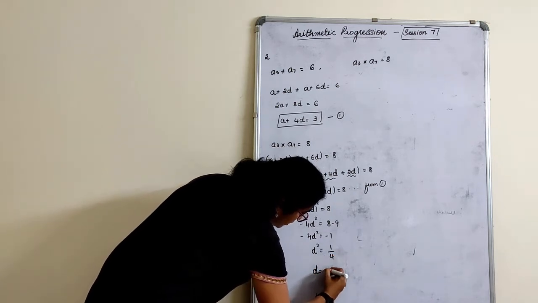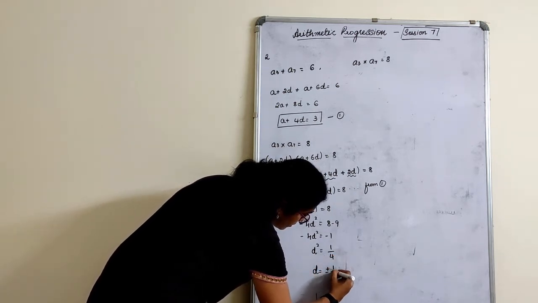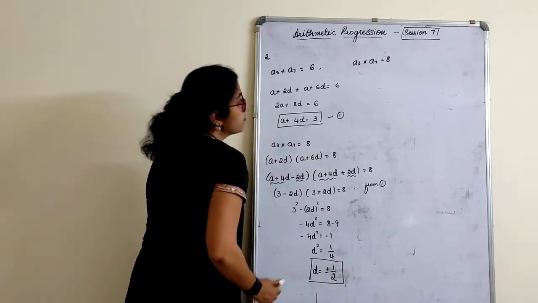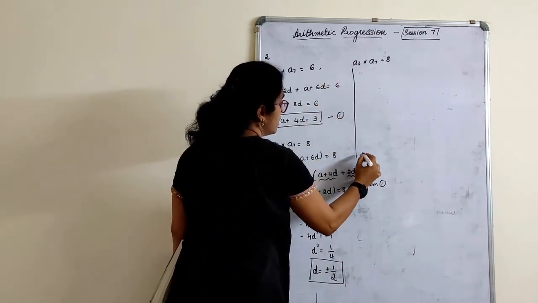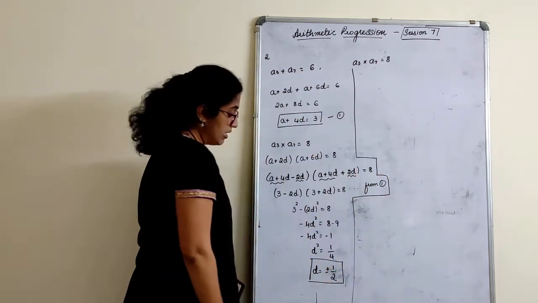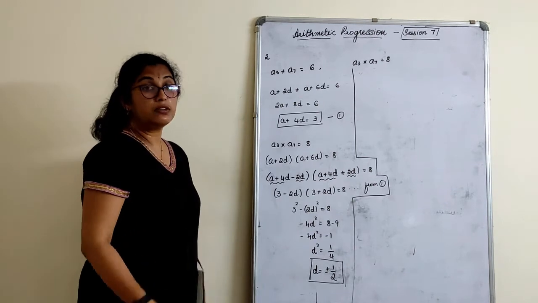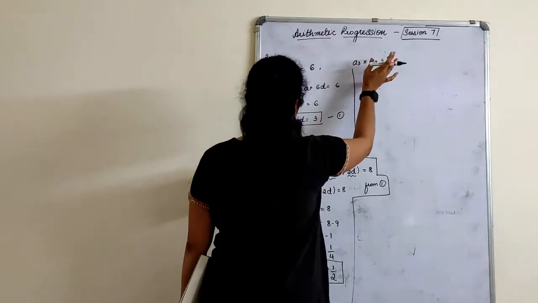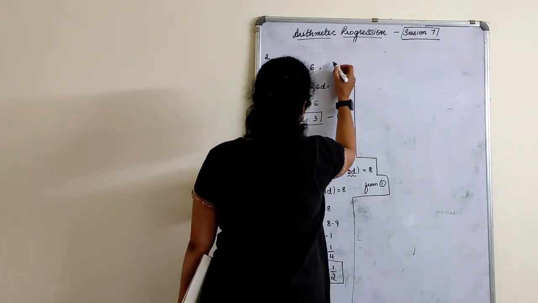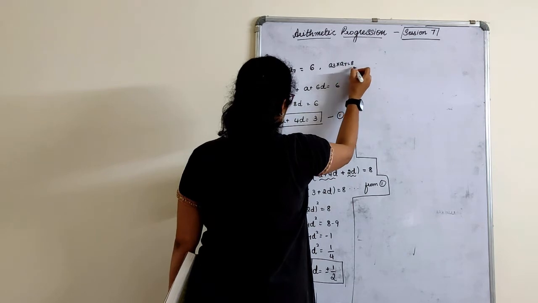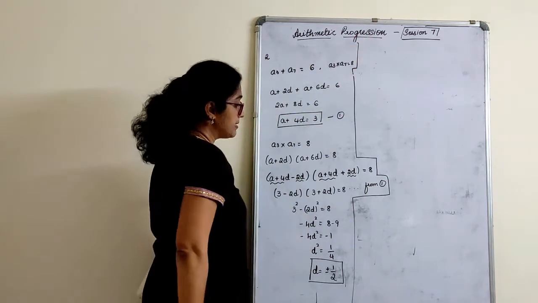And D is equal to plus or minus 1 by 2. Okay, so this is D value. Now with respect to D value, D is plus as well as D is minus. So I will just erase this and write it here. A3 into A7 is equal to 8, because I require this case now.